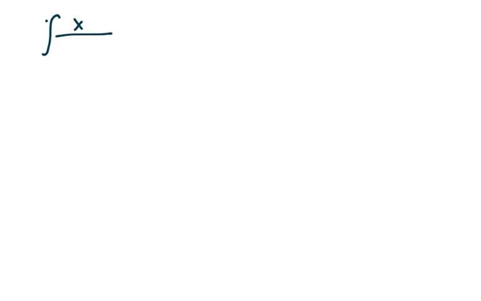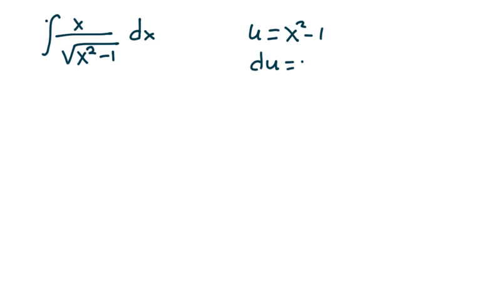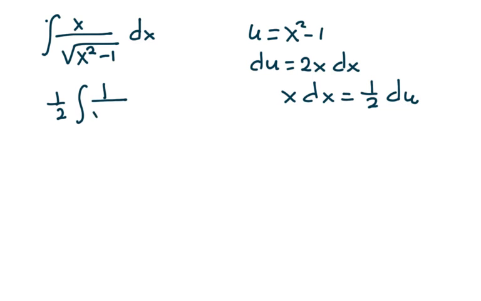So if I have x over the square root of x squared minus 1 dx, I'm going to let u be x squared minus 1. du is 2x dx. So x dx is 1/2 du. And so this is 1/2 the integral of 1 over the square root of u du.